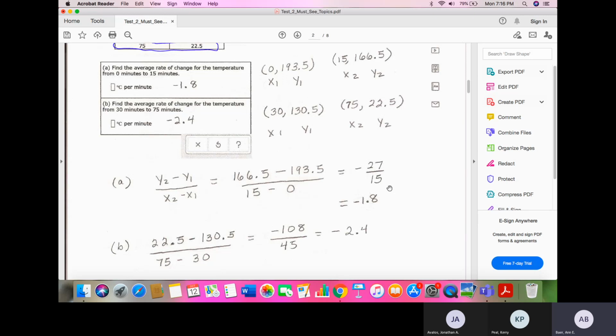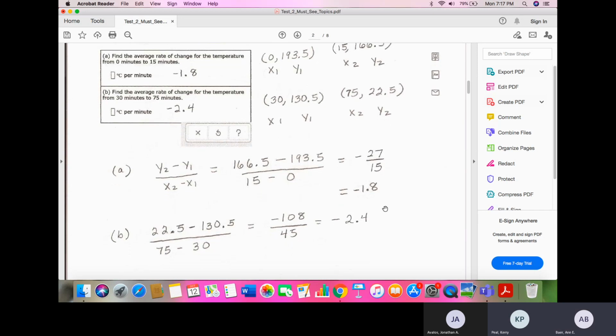So I'm going to take negative in the bottom row of my TI-84 calculator, 27 divided by 15, and I get negative 1.8. Any questions on that? No, I got that one. That's great. And so we just want to do that same process for part B.